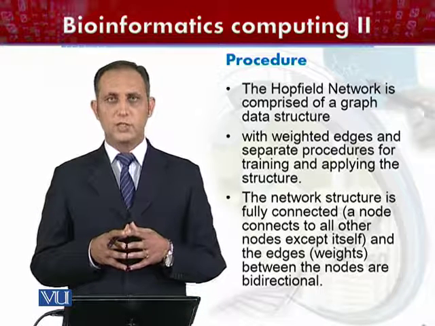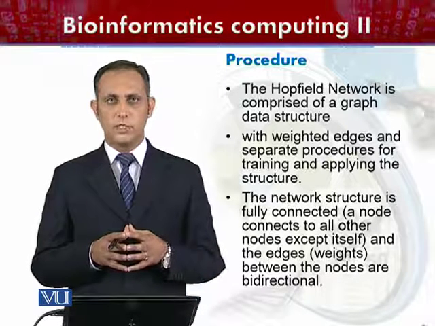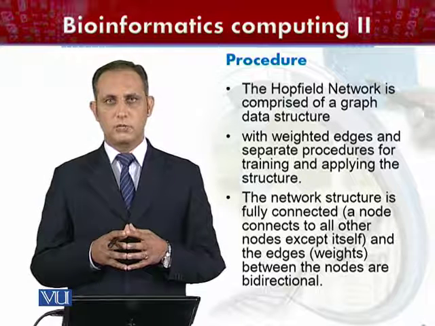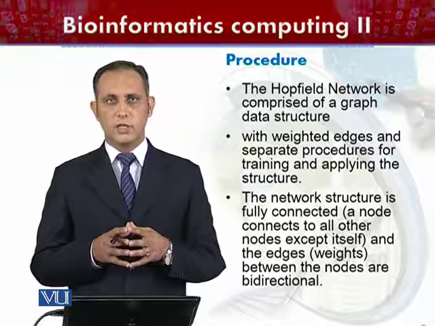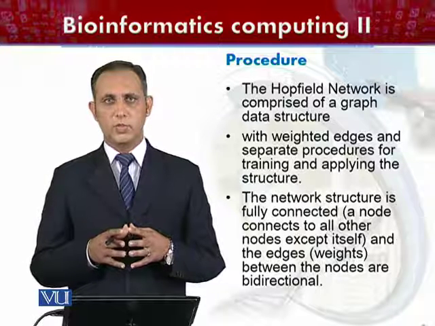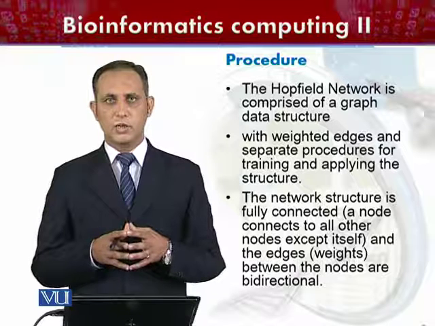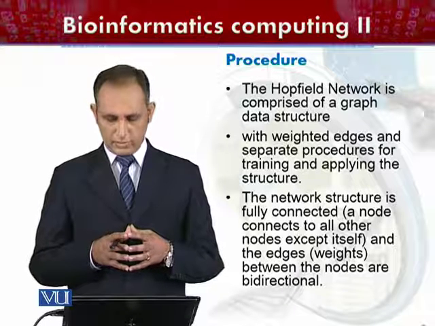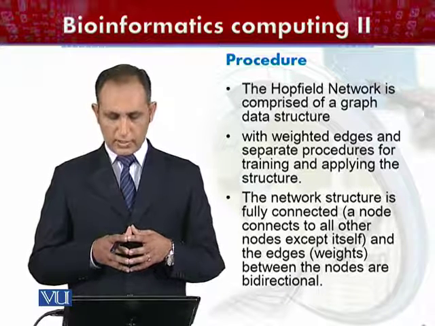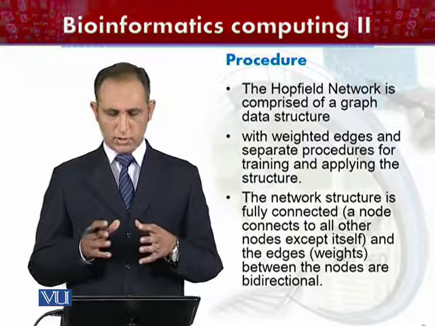The network structure of these Hopfield networks is fully connected. Fully connected means that each node is connected to every other node except itself, and the edges between the nodes are bidirectional.